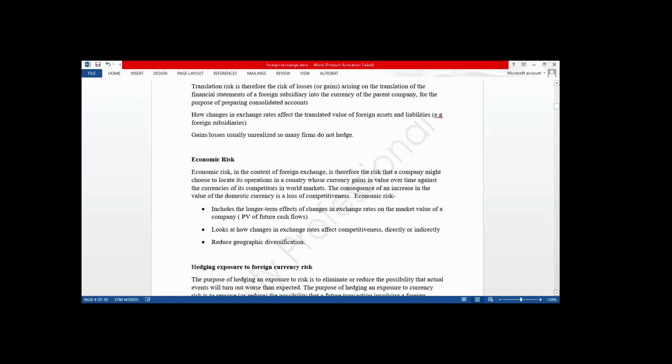That means Shell Petroleum has placed investment in Nigeria. At the end of the financial year, the Nigerian company will be expected to make remittance to the parent company in US. Now, converting naira to dollar and remitting to US does not make any business sense. That means economic risk can affect remittances from foreign subsidiaries to the parent company.